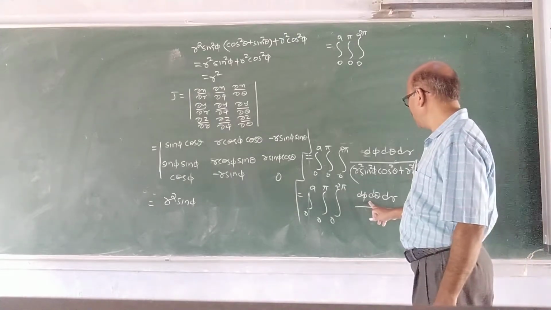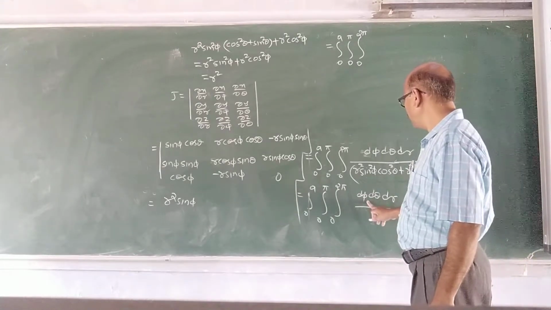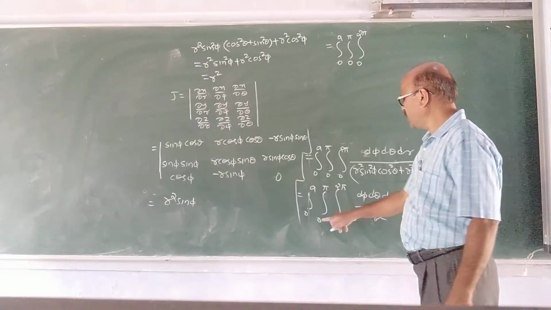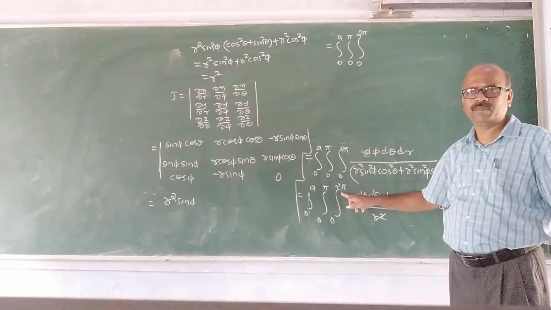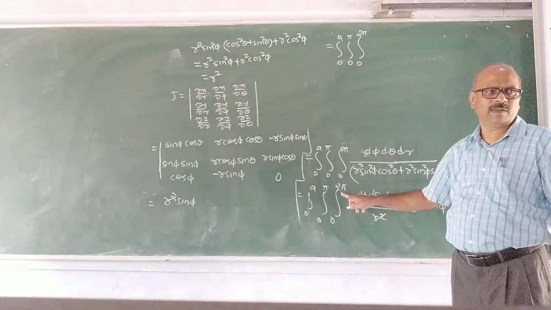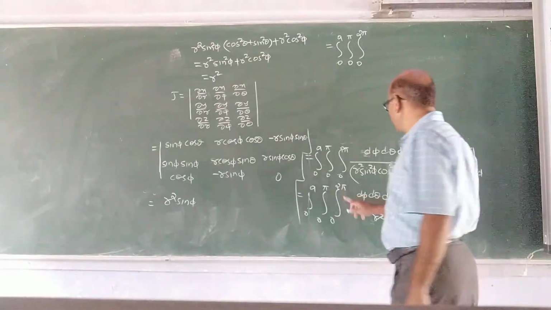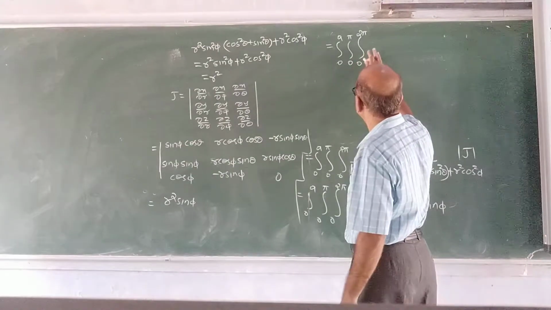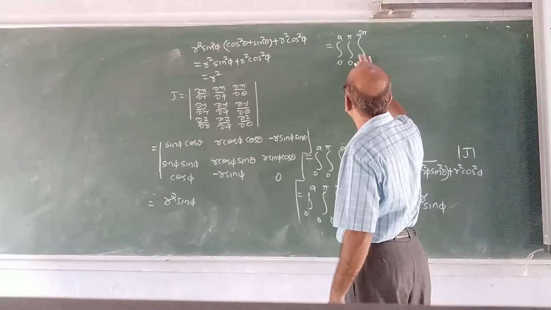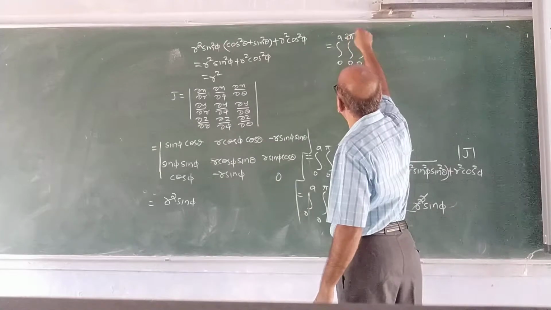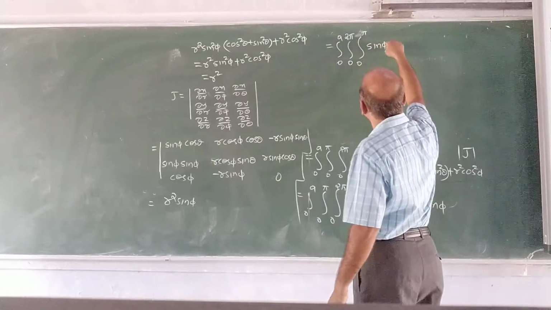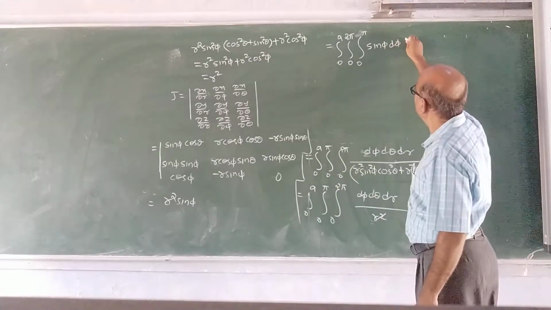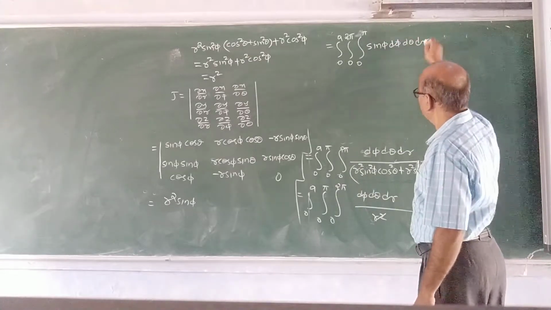What are the limits for phi? Limits for phi are 0 to pi, and for theta 0 to 2 pi. Now I integrate with respect to phi first. So I write 0 to 2 pi, 0 to pi, sin phi, d phi, d theta, dr.